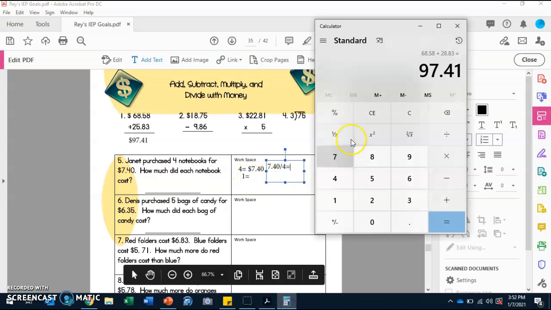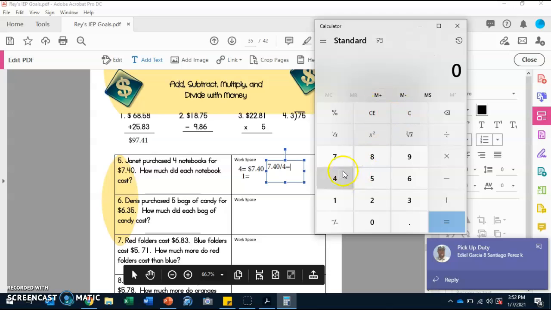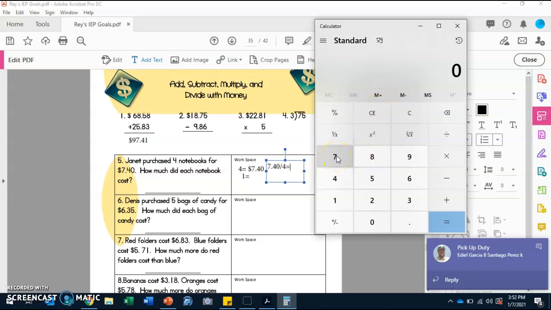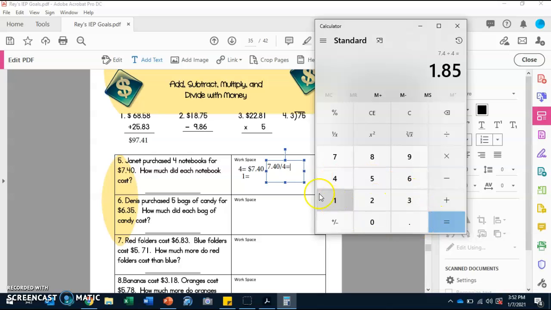So now we get our calculator. Let me clear all of this, and let's figure out 7.40, because that was our total, and we're going to divide it by the number of notebooks she bought, which were 4, and that gives us $1.85.